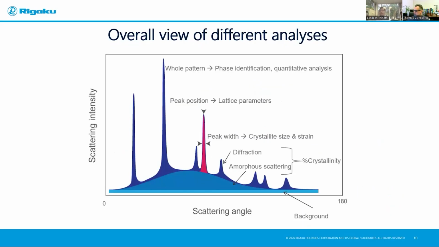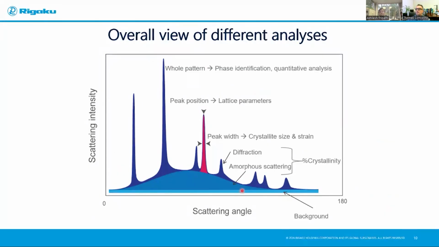So we begin this by considering the fundamental information that can be obtained from a standard X-ray diffraction pattern measured on a diffractometer, such as the one shown here. So if you look at this, there are 2 parts here. The navy blue sharp peaks are the crystalline component, and the light blue hump is an amorphous.